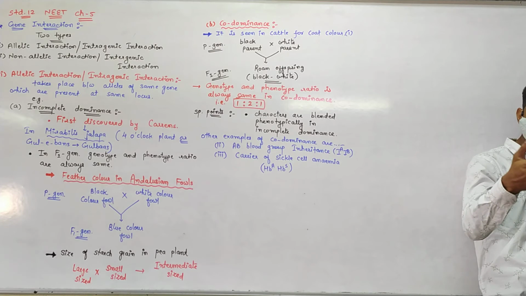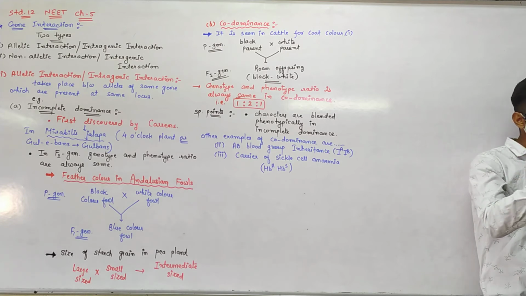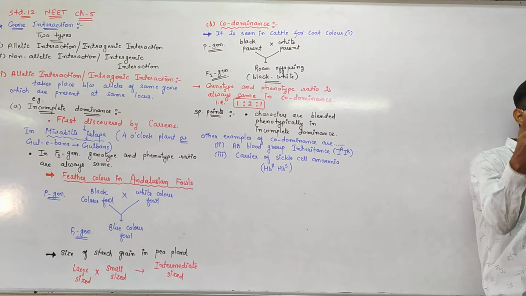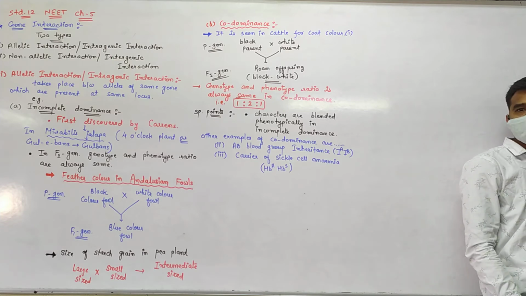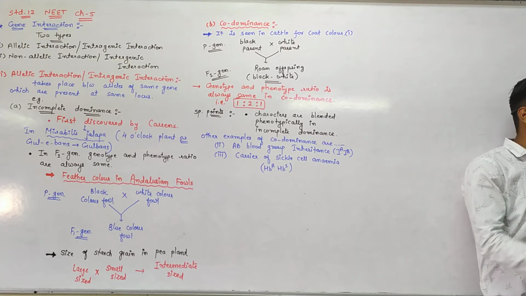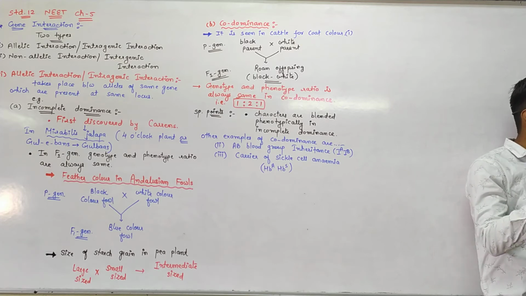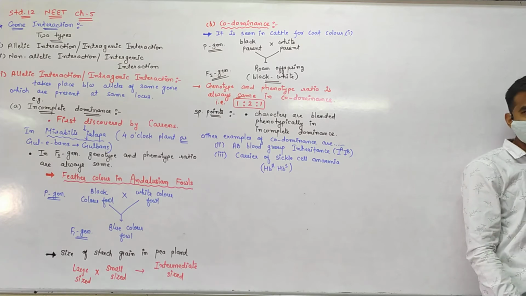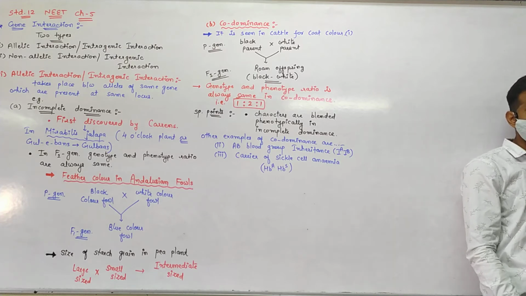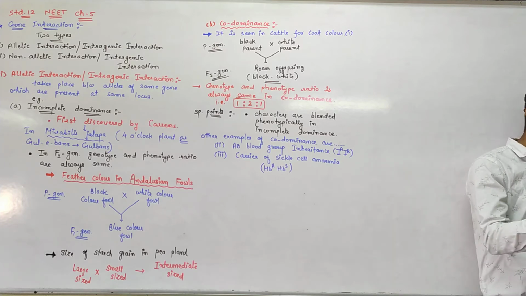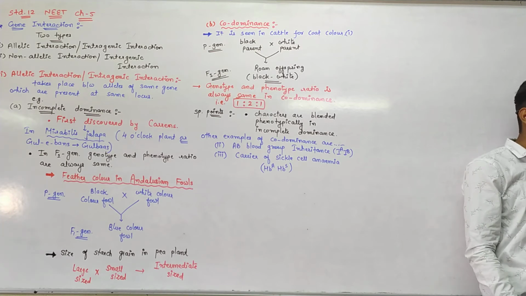We say that monoploidy. So, sex chromosomal monosomy is known as Turner syndrome. And sex chromosomal trisomy is known as Klinefelter syndrome. But autosomal trisomy is known as Down syndrome.